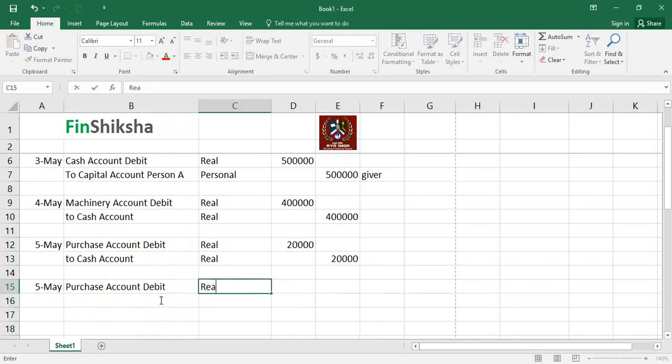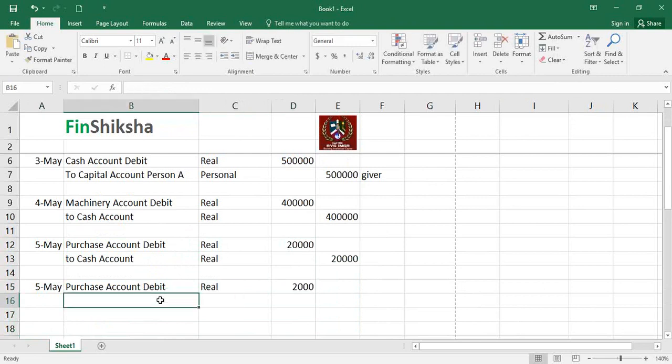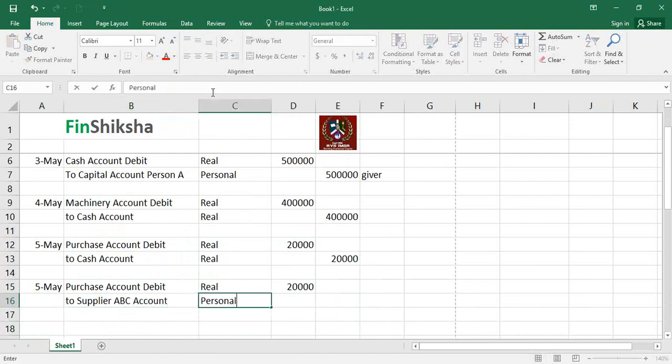That's a real account once again, 20,000. But now someone is giving us this money, 20,000, sorry. Someone is giving us this money to supplier ABC account, and this is a personal account. Credit the giver. Once again, this guy is a giver, credit the giver, right?